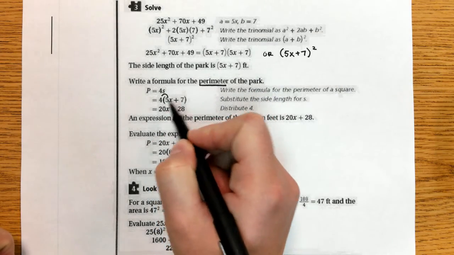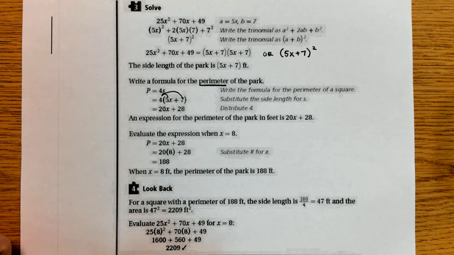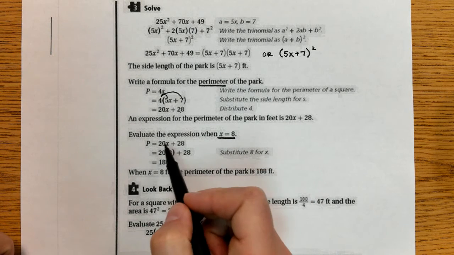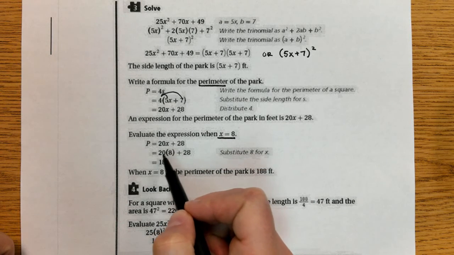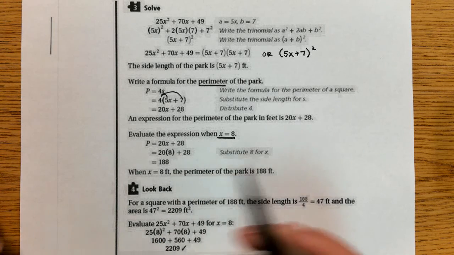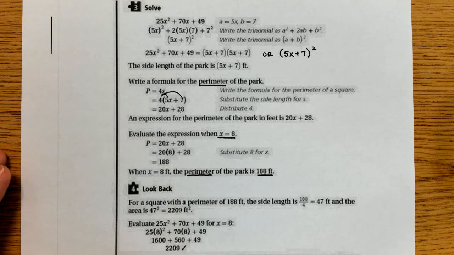So 4 times 5x is 20x, 4 times 7, 28. Then from there, you're going to evaluate the expression for x equals 8. So for x, you're substituting in 8. So 20 times 8 plus 28 gives us 188. So it means the perimeter of the park is 188 feet. So that is how you would solve that example.